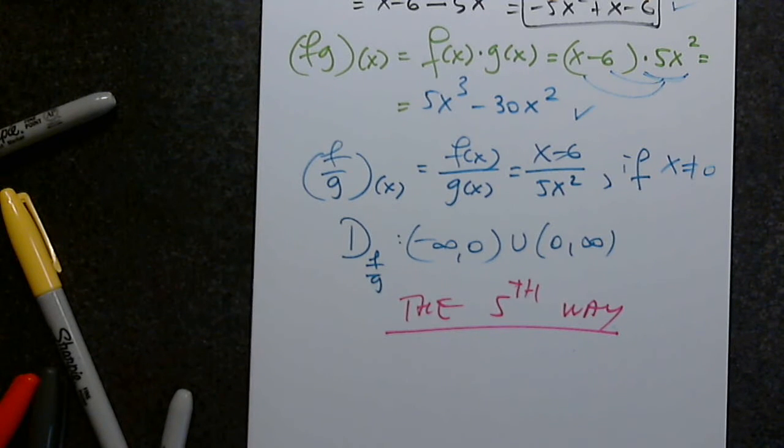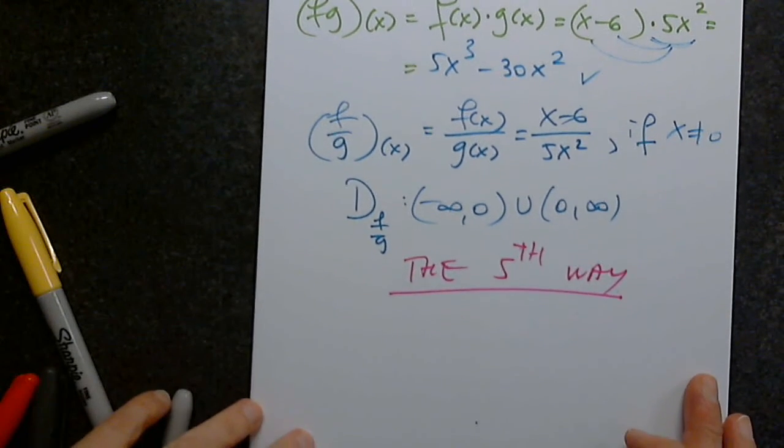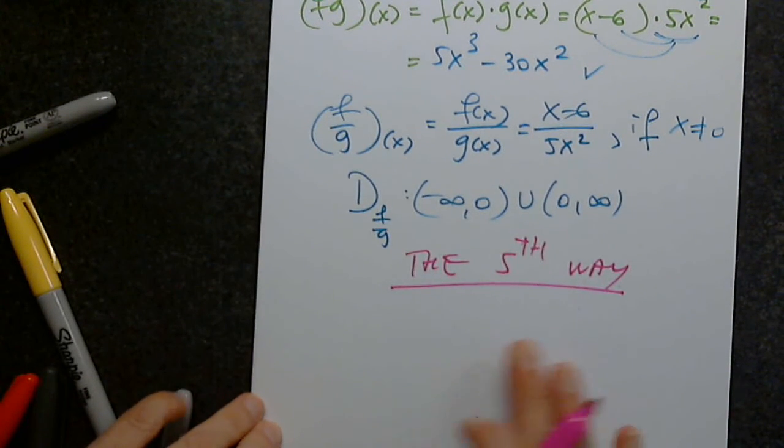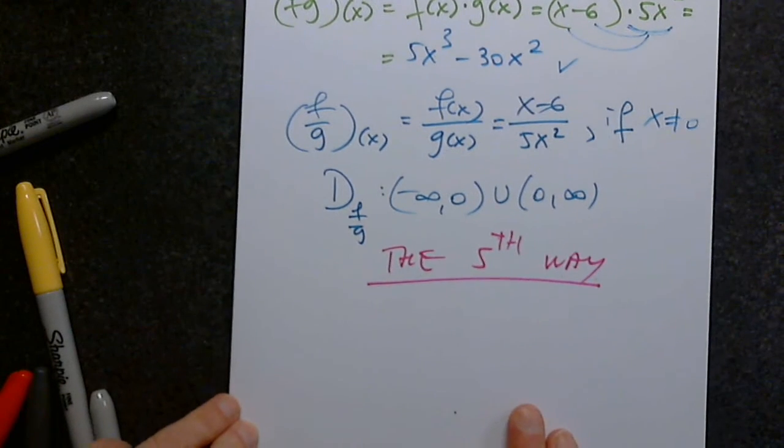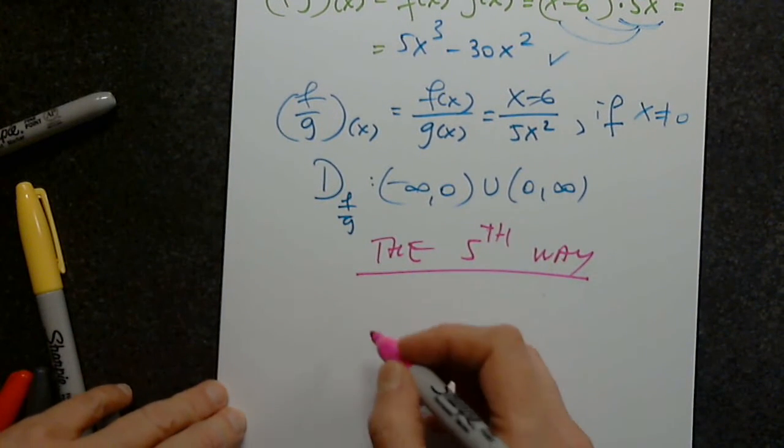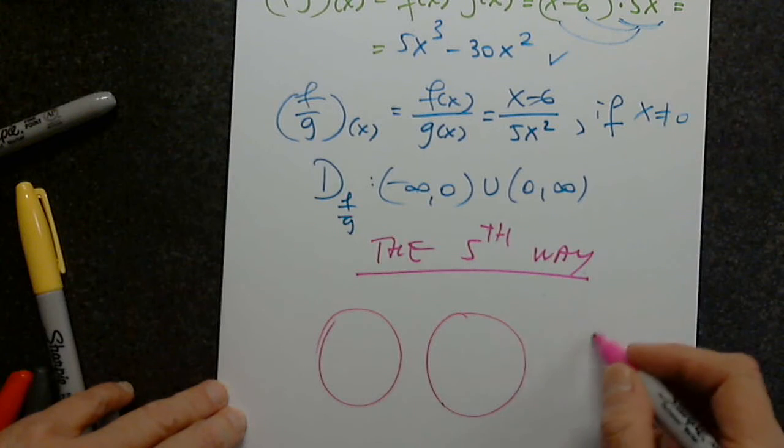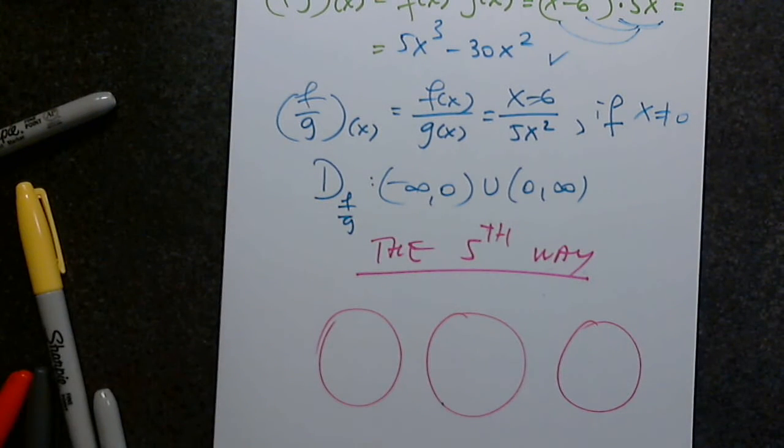So we know 4 ways: adding, subtracting, multiplying, and dividing. Let's look at the fifth way. I didn't want to name it just yet. That's why I wrote the fifth way. Let me caution you that the fifth way has nothing to do with adding, subtracting, multiplying, and dividing. Nothing.